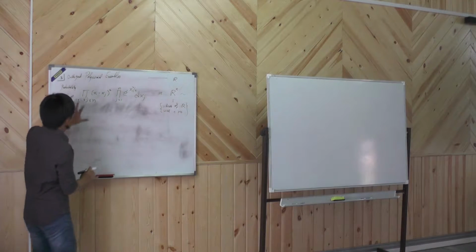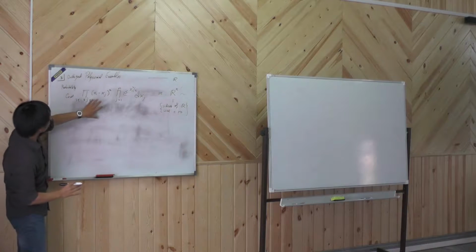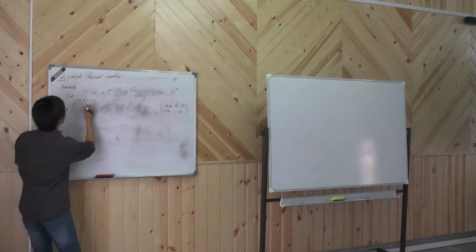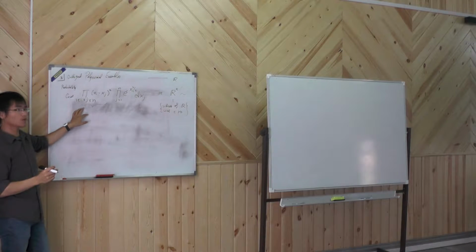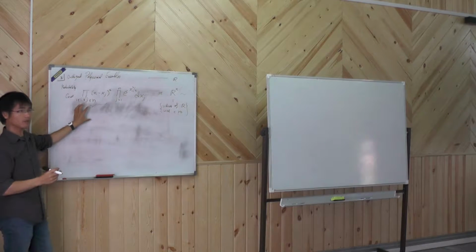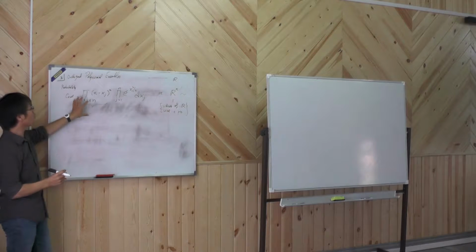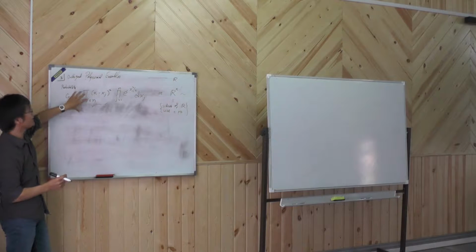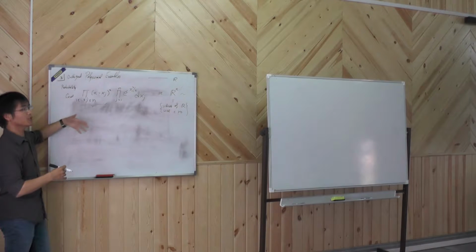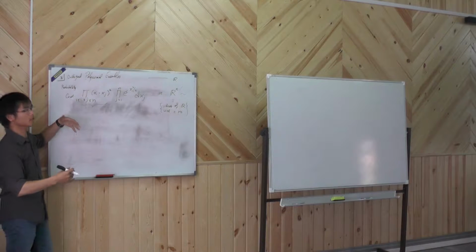Okay. Now we can see that here it is just the Vandermonde determinant. That is why, at the end of the day, this probability can be described by a certain determinant.